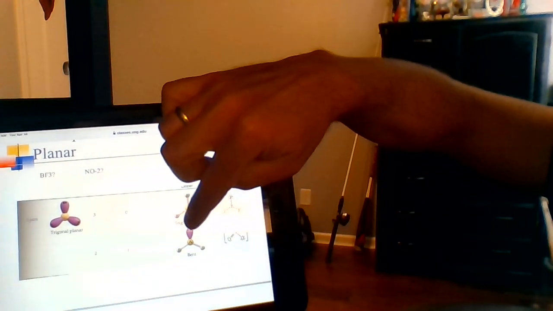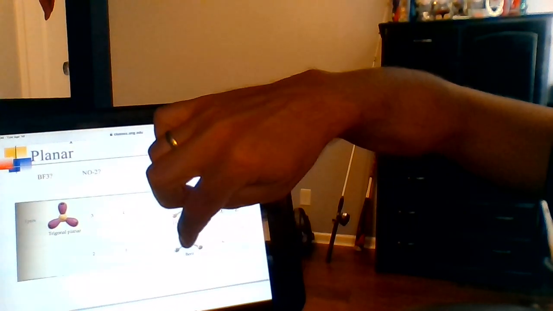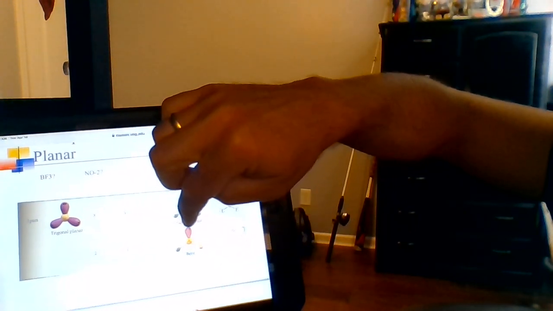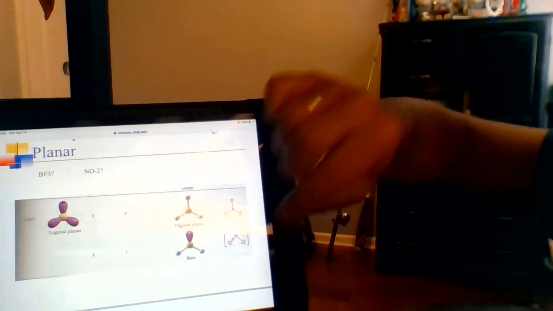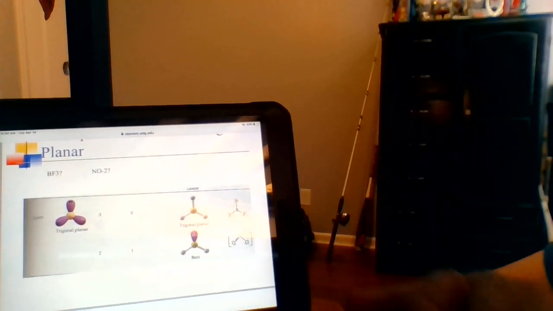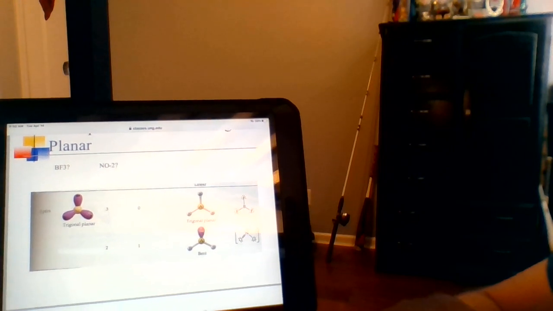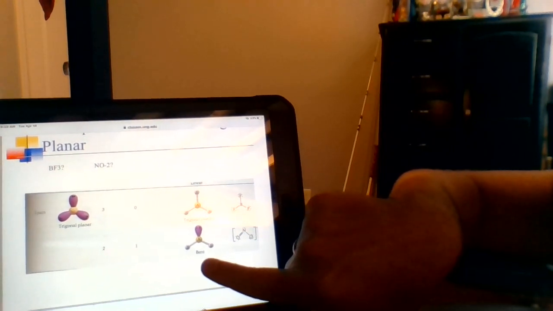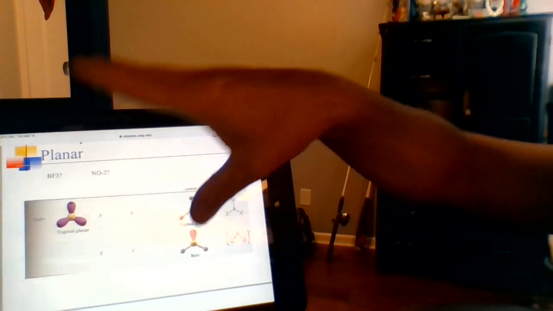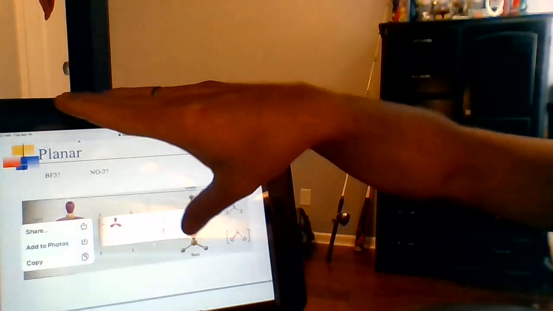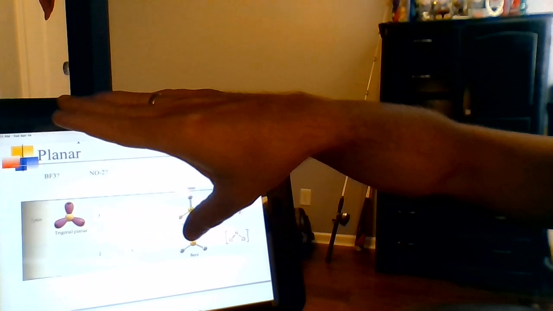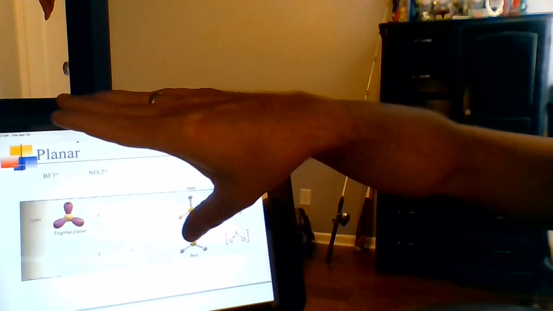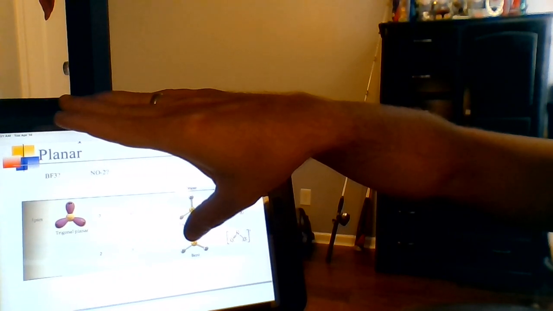The three groups, oxygen, oxygen, and lone pair, have to spread out into the triangle. So the electron geometry, which is the overall arrangement of electrons, is trigonal planar. But if I take off the lone pair, that leaves an atom in the middle with two other atoms connected, and they're not linear. So that molecular shape we're going to call bent.